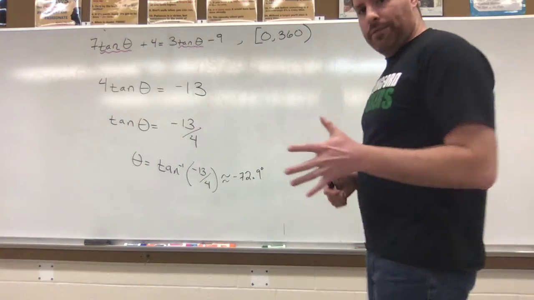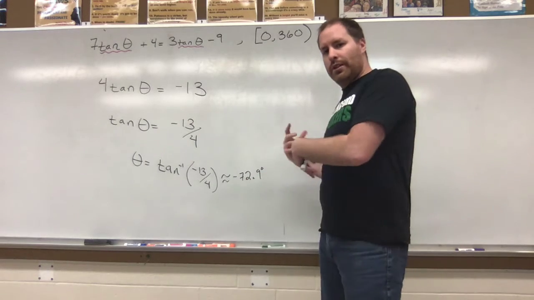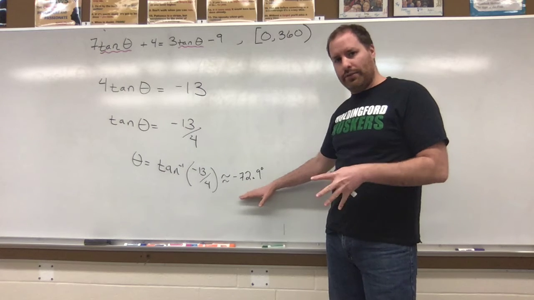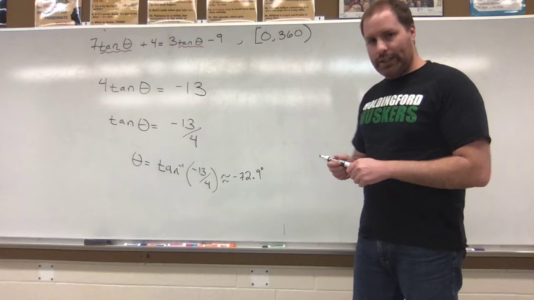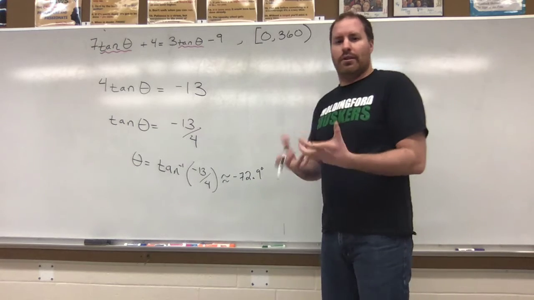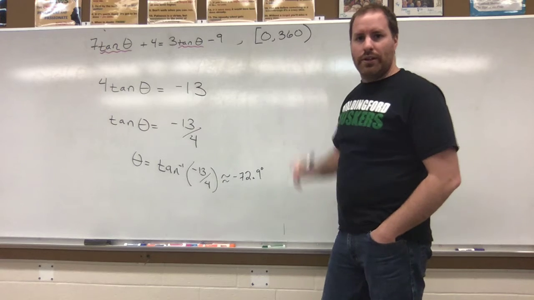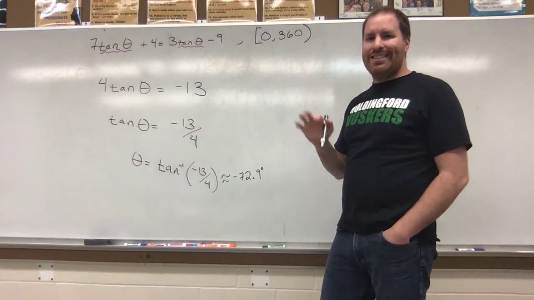Now here's the thing, right? All of that's pretty straightforward. It's not too bad. We move it, we do the inverse, use our calculator, get this result. But this is not the answer. We have to adjust here because we want to keep all of our answers, as long as we're told that, between 0 degrees and 360 degrees, which negative 72.9 is not.